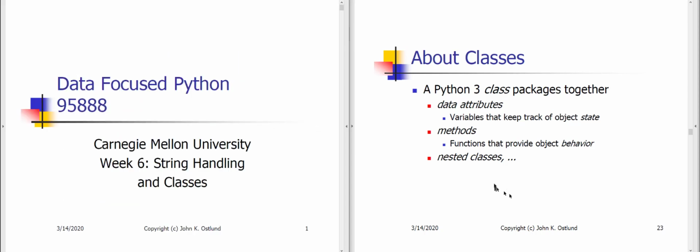So all we have remaining here in week 6 is to talk about classes in Python. We've been using some built-in data structures, list, tuple, set, and dictionary. Also string to a certain degree.